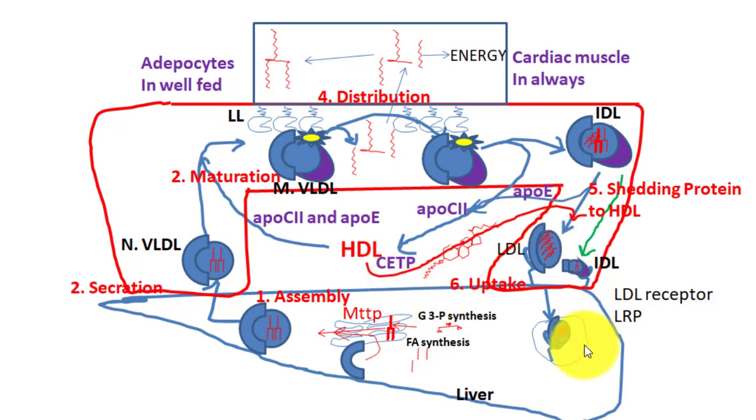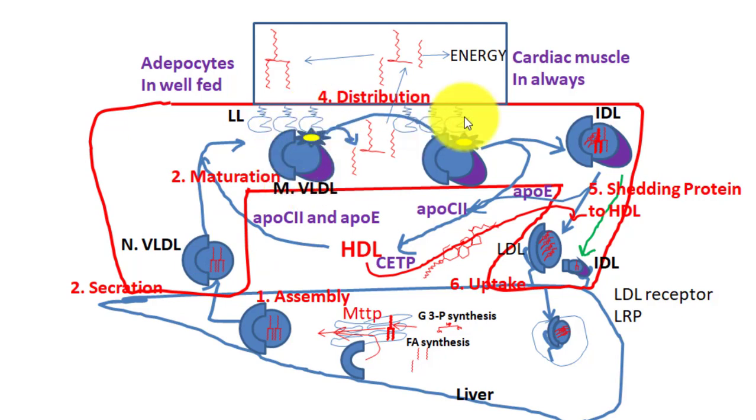Now this is all about VLDL metabolism. Let me revise it quickly. First, assembly happens. After assembly, there is secretion of nascent VLDL, and then nascent VLDL matures after getting 2 extra apoproteins. This mature VLDL is ready for metabolism.